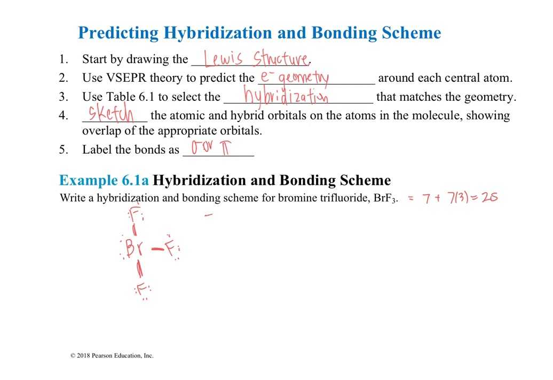So we can see this is trigonal bipyramidal, right? 5 domains or 5 electron groups. That means we need 5 orbitals. So we're going to have 1 from an S, 3 from P, so 4, and we need an extra D.